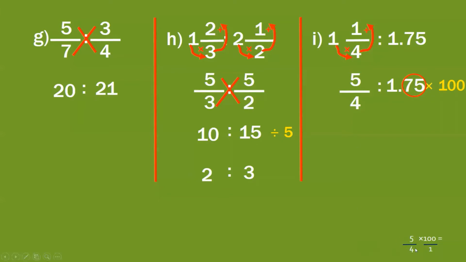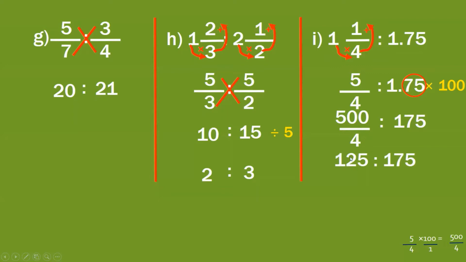5 over 4 multiplied by 100 over 1 equals 5 multiplied by 100 equals 500, and 4 multiplied by 1 equals 4. So we have 500 over 4 in the first term. And in the second term, 1.75 multiplied by 100 equals 175. Now, 500 divided by 4 equals 125.